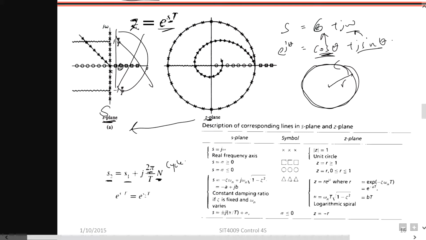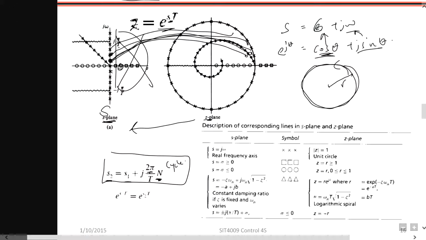For example, this point over here will map onto this point, and this point maps onto that point, and things like that. I might not be mapping the exact correct point to the correct position, but using a certain equation, we can take this point and translate it into this point.